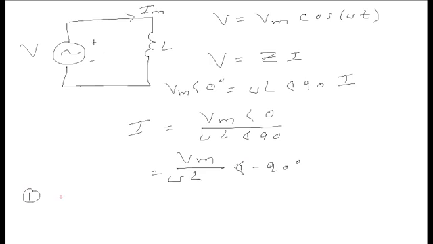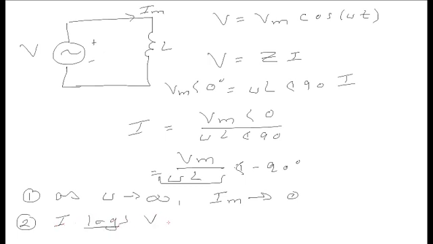The first one, as omega tends to infinity, as omega gets very large, I's magnitude, which is this quantity here, tends to 0. Which means that for very large frequencies, inductors essentially block the current from coming through. They act as open circuits. It's kind of neat. Number 2, I lags V in an inductor.